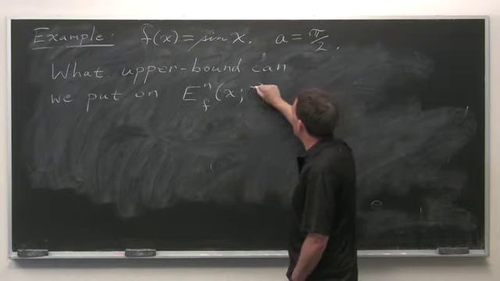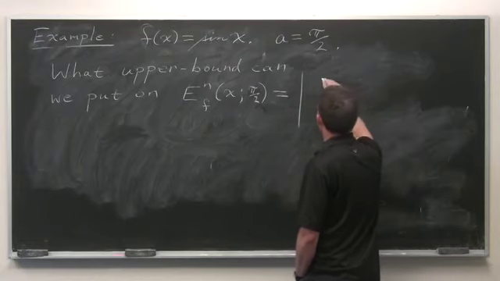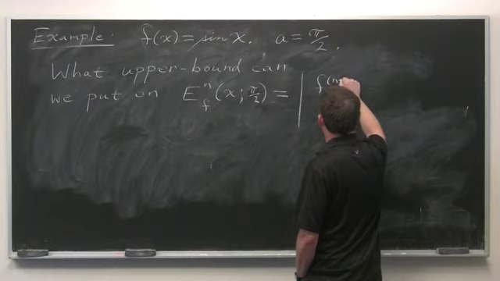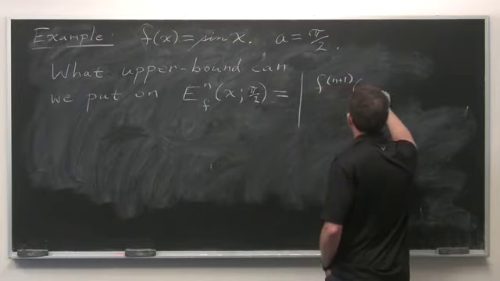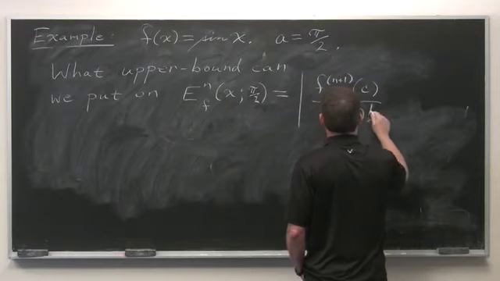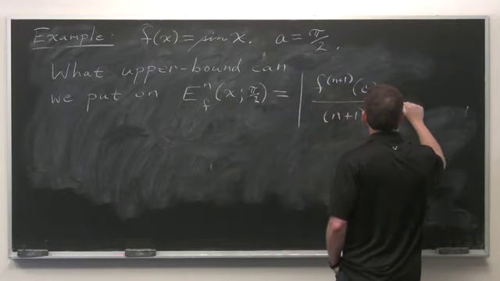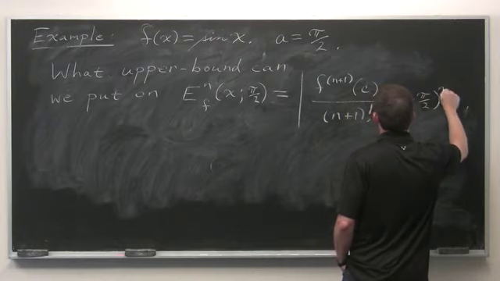Well, the theorem tells us that this equals the absolute value of the n plus first derivative of sine, evaluated at this mysterious point c that's somewhere between x and pi over 2, divided by n plus 1 factorial, times x minus a, but a is pi over 2, to the n plus 1.